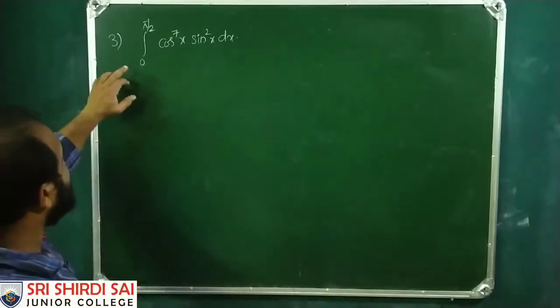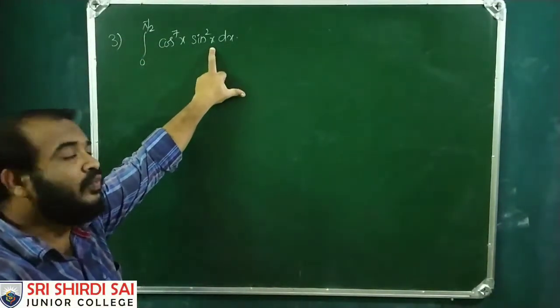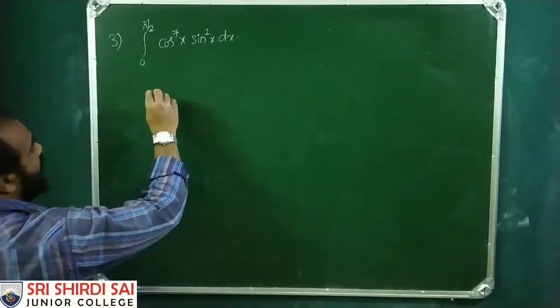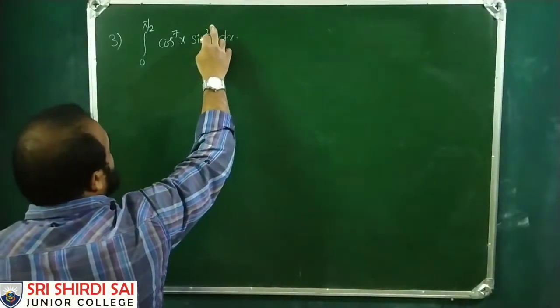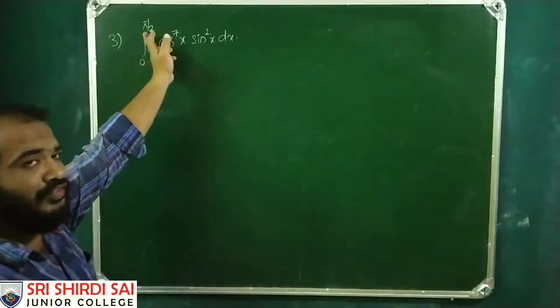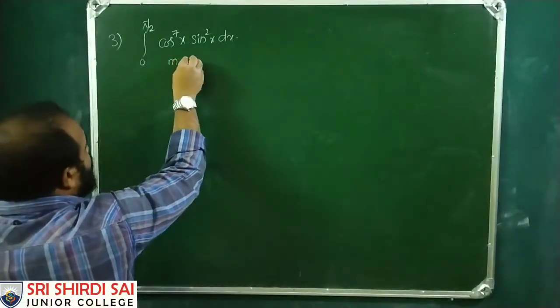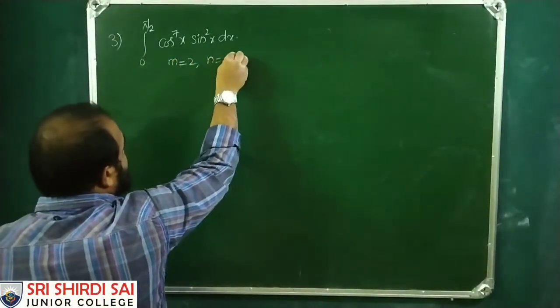The next question is integral 0 to pi by 2 cos power 7x into sin square x dx. So here sin power is always treated to be m and cos power is always treated to be n. So here m equals 2, n equals 7.